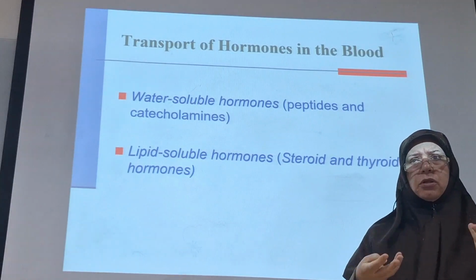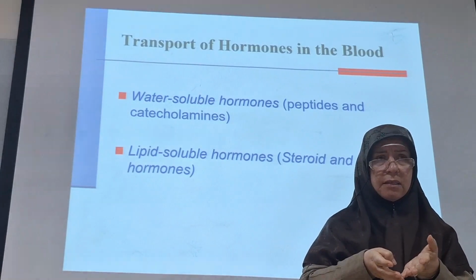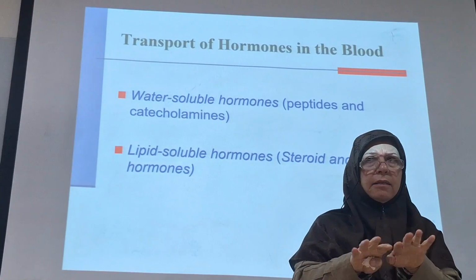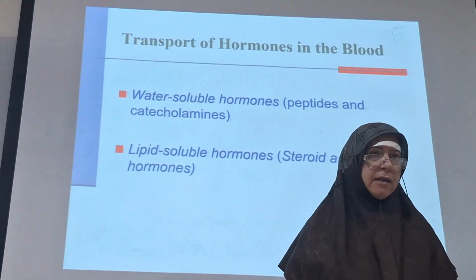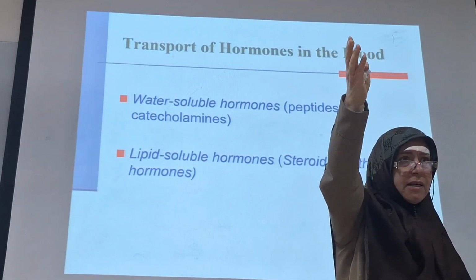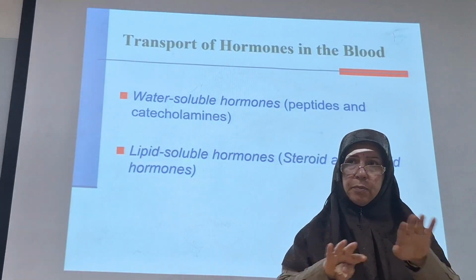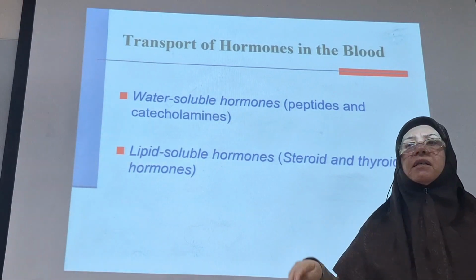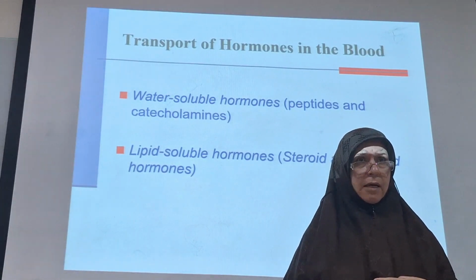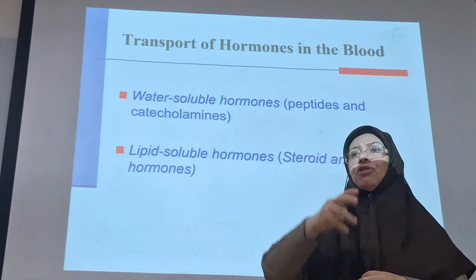Lipid soluble hormones, such as thyroid hormone and steroid hormone, when secreted into the bloodstream, easily and immediately enter the neighboring cells around them and could not travel in the blood system and reach remote target cells.